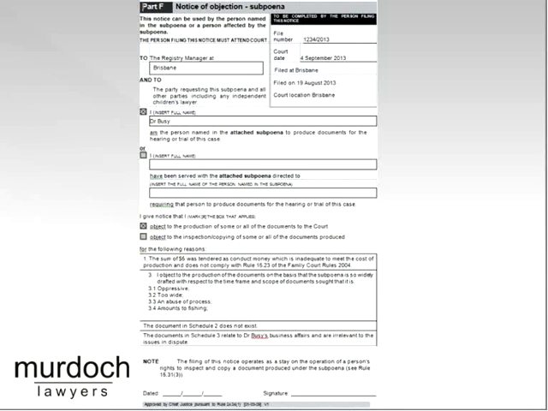So whichever registry it is, your name and then why you object to the subpoena. So you'll see here that Dr. Vizzi's objected because he wasn't tendered with proper conduct money, and he's saying that the grounds of the subpoena were oppressive, too wide, an abusive process, and amount to fishing.